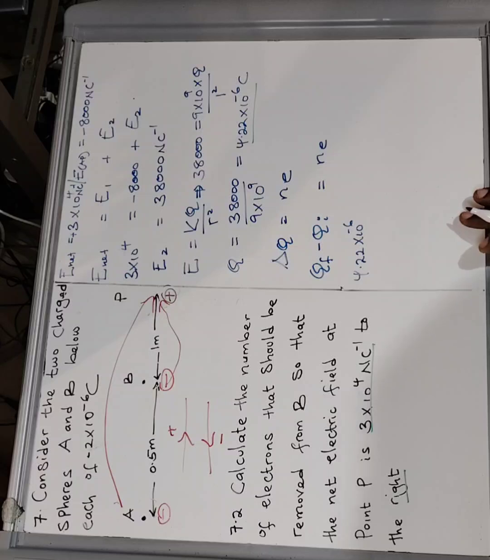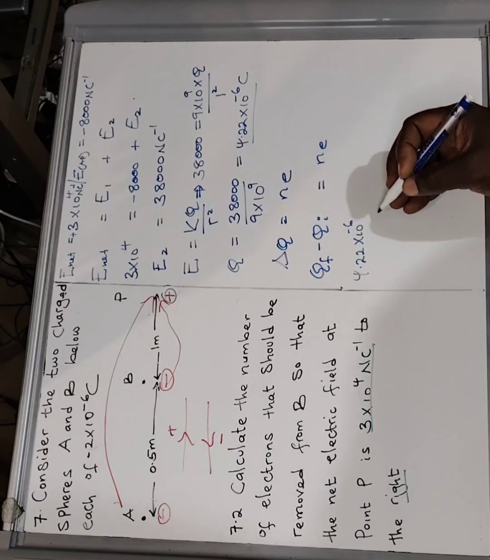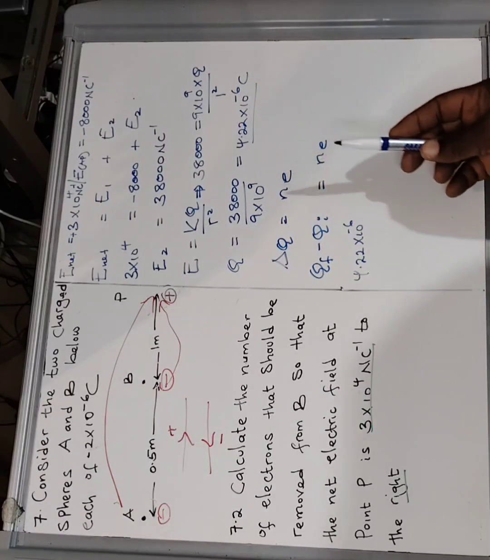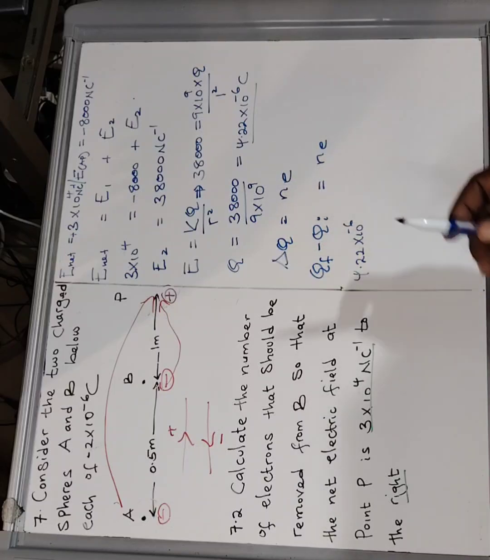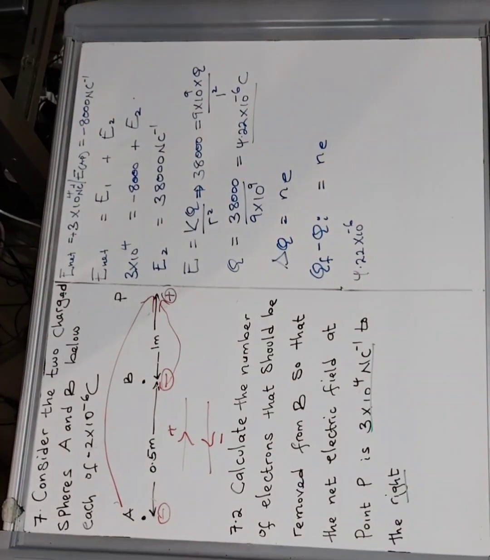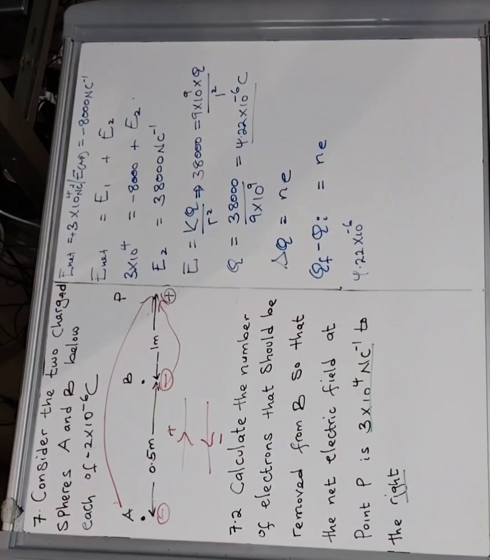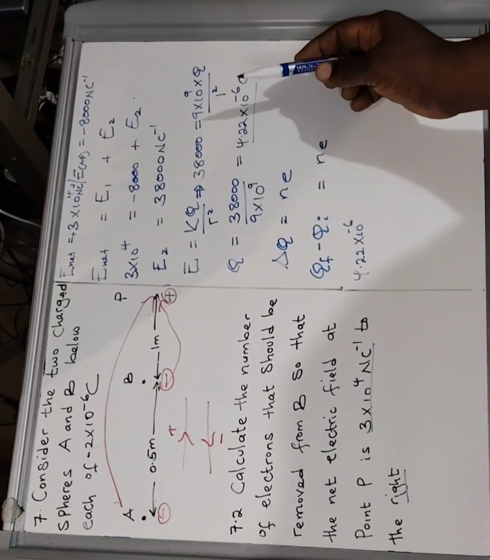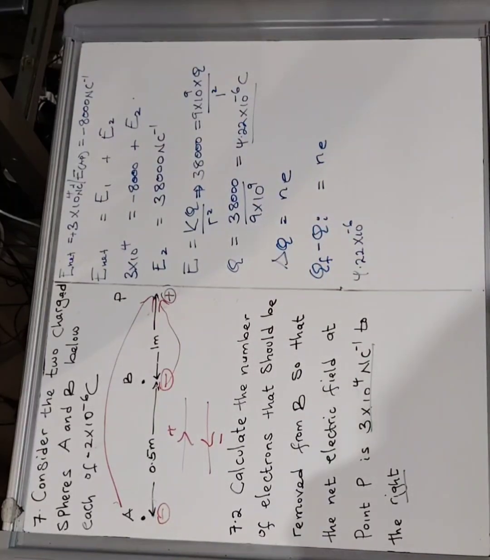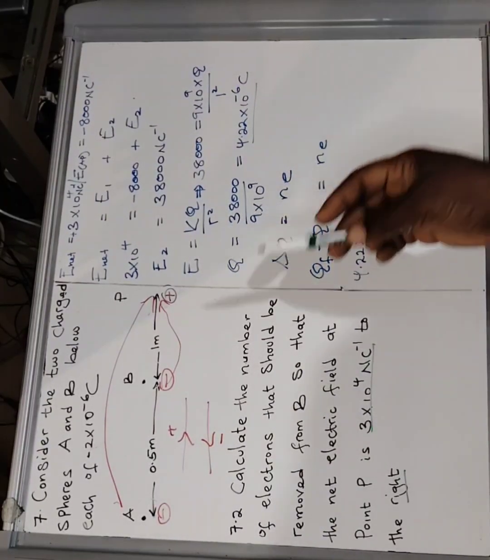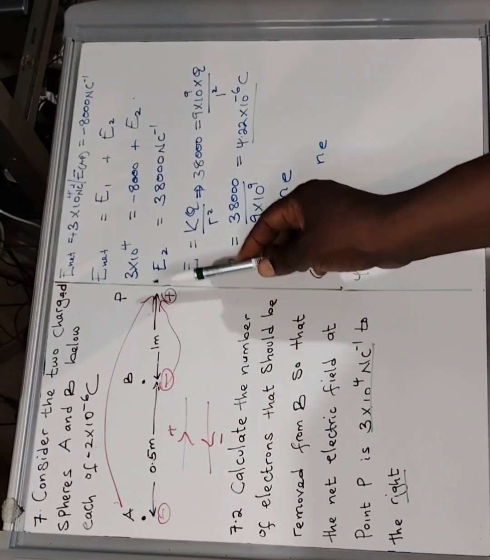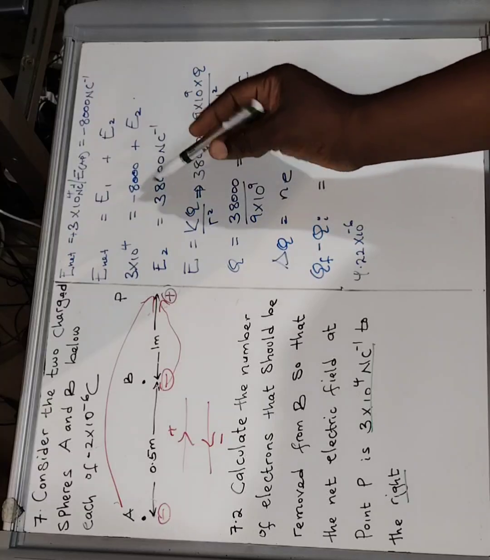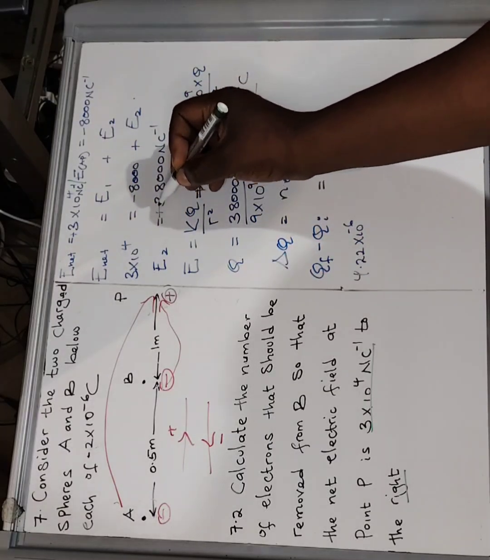And what is the initial charge? We must remember that this charge is positive. Why positive? We must remember that our E, the electric field due to the new charge here at point P, was found to be positive.